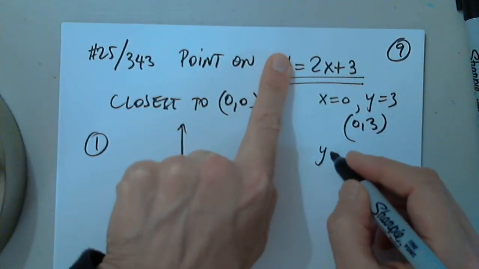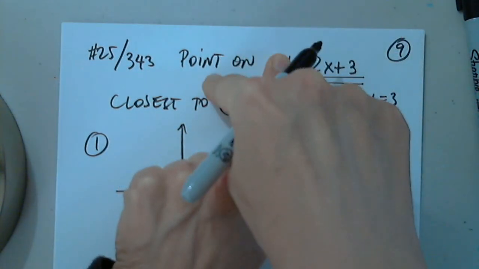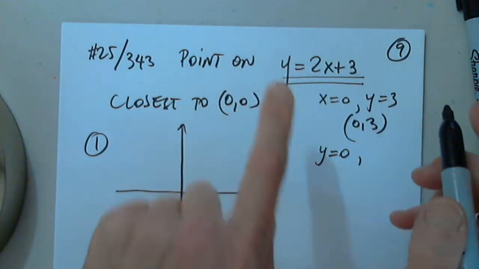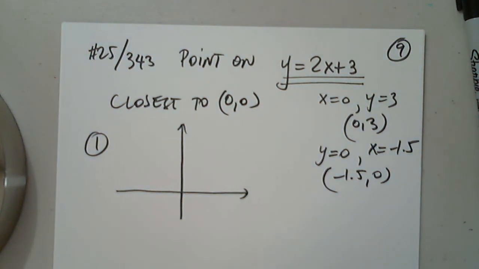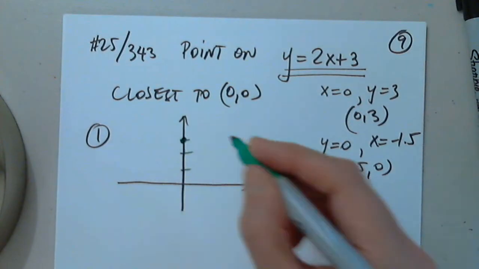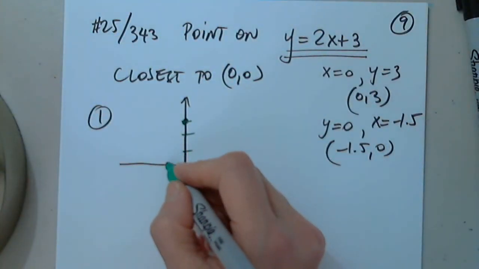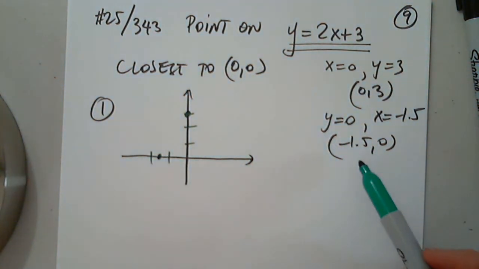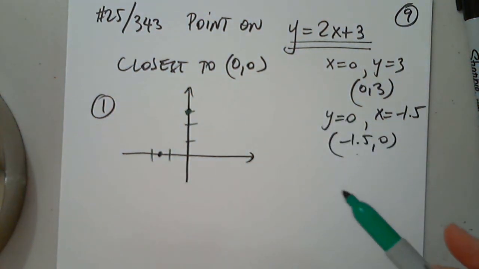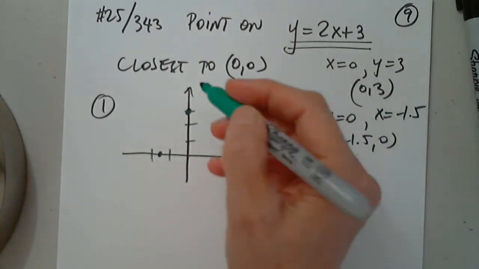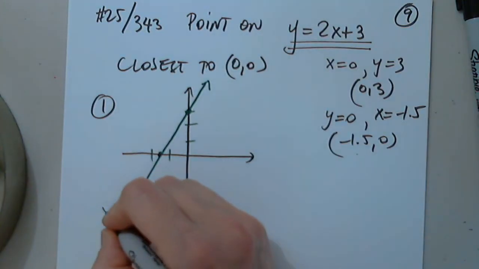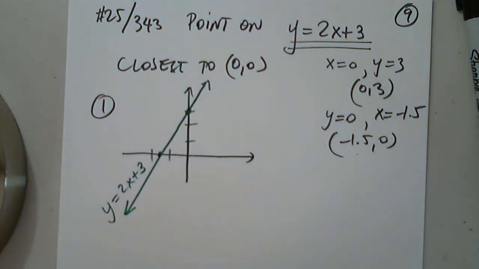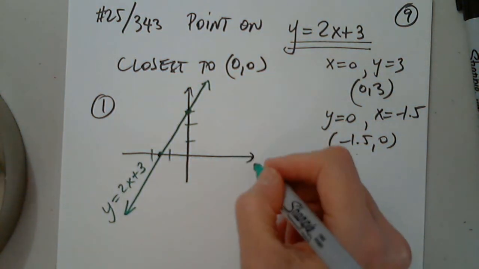When y is 0, x is negative 3 over 2. I will graph the line. Negative 1.5, 0 because it's negative 3 over 2, and 0, 3. So this is the line y equals 2x plus 3. And this is the origin.